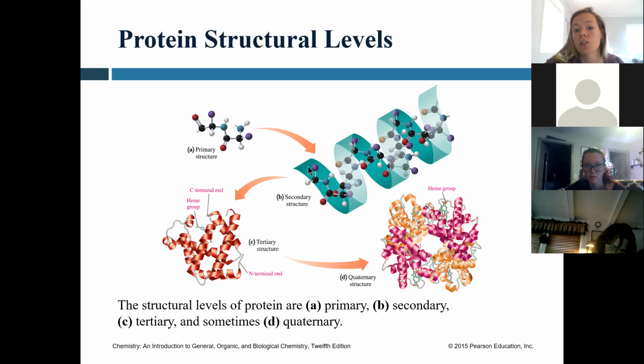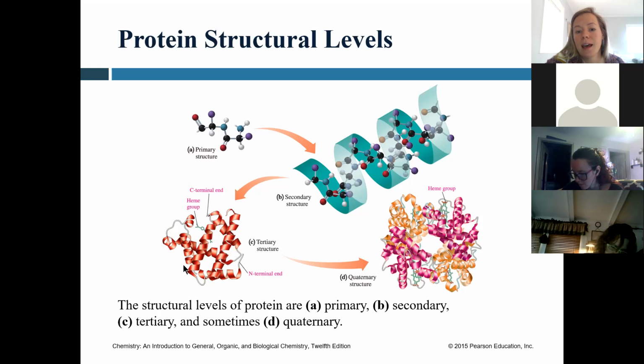So our secondary structure is going to be alpha helixes, or beta pleated or triple helix. Then we can take that more efficiently coiled or folded up chain and bend it in on itself. If we bend it in on itself, that's the tertiary structure. That's all the ionic, disulfide, hydrophobic, hydrophilic, hydrogen bonding connections.